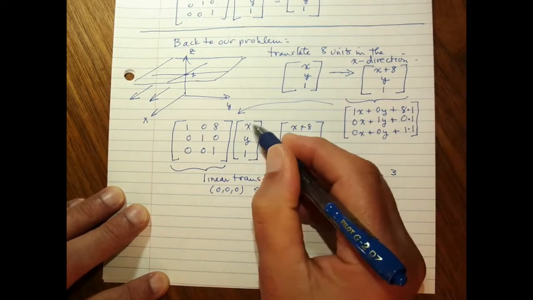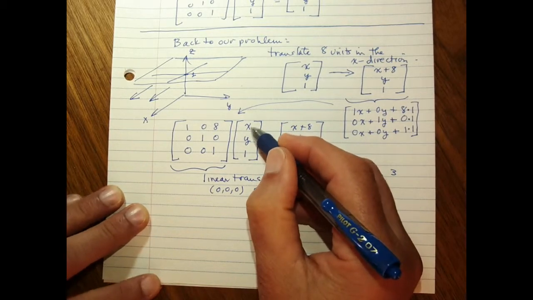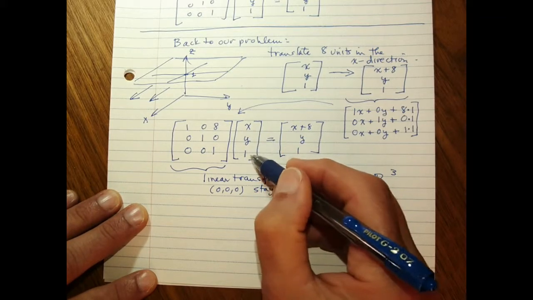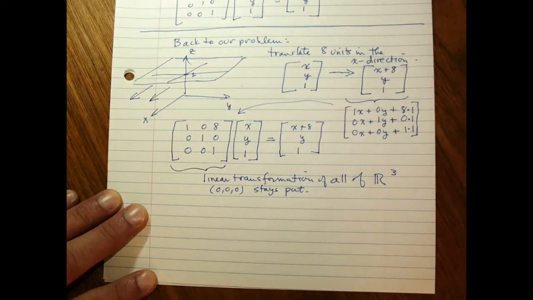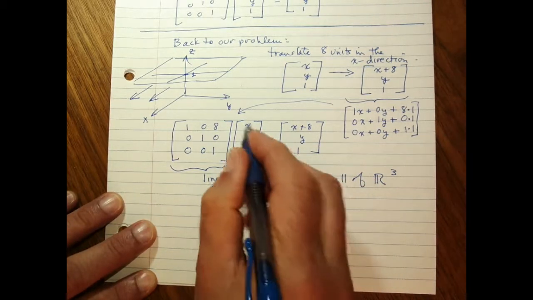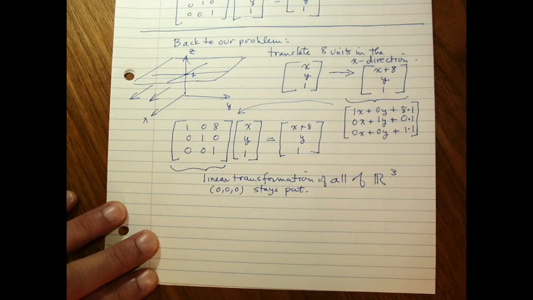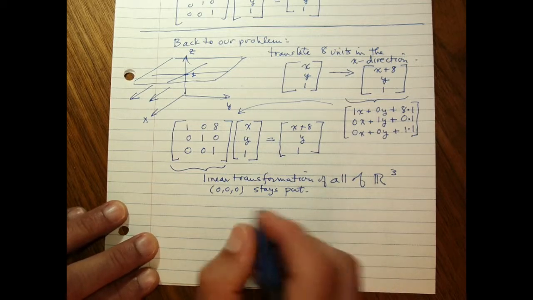In other words, I don't have to just operate on vectors of the form (x, y, 1). I could use (x, y, z), (0, 0, 0), anything at all. But these are the ones we're interested in in this example, the (x, y, 1) points.